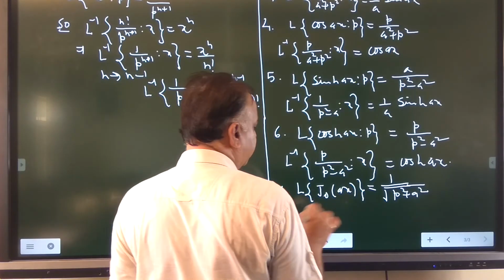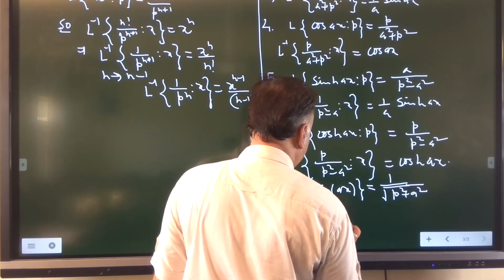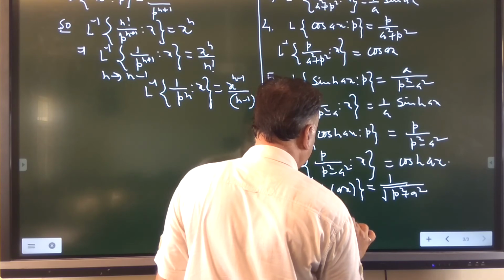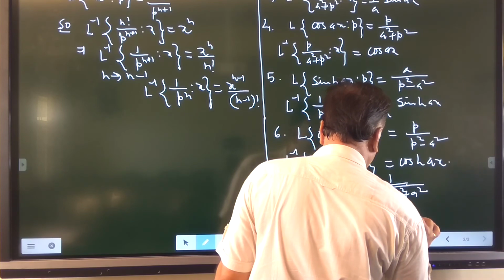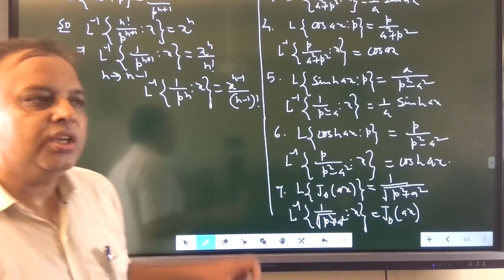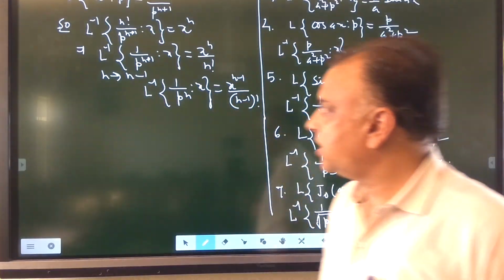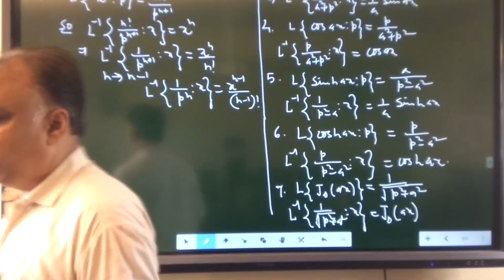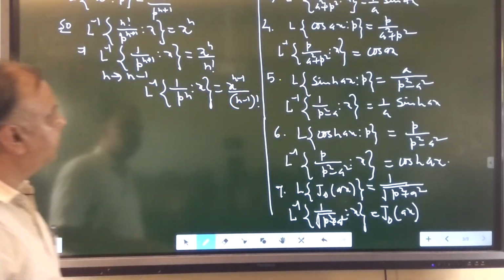So, inverting this result, the inverse Laplace transformation of 1 upon under root p square plus a square with respect to x is equal to J0(ax). These are the initial standard formulas for the inverse Laplace transformation of various functions, which are to be used in the next problems.